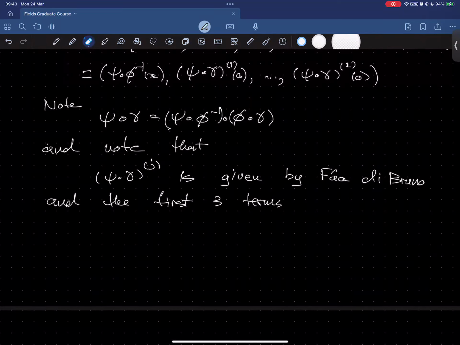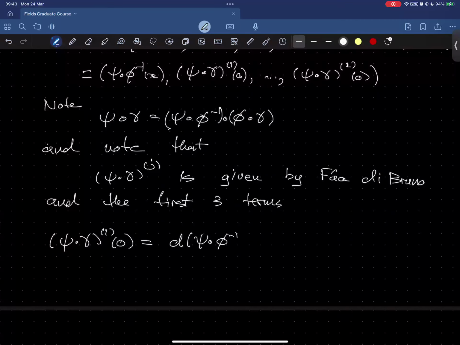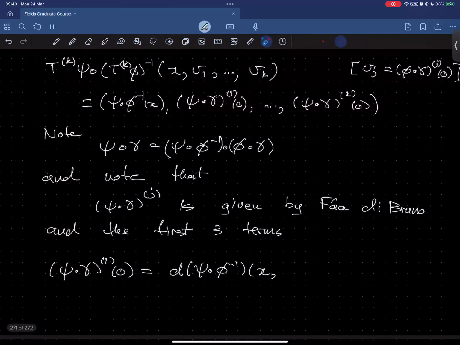So the derivative of psi composed with gamma_1 at 0 is just the ordinary chain rule. So this is D(psi composed with phi inverse) at phi of x, the way I've written it. Let me write it out temporarily here.